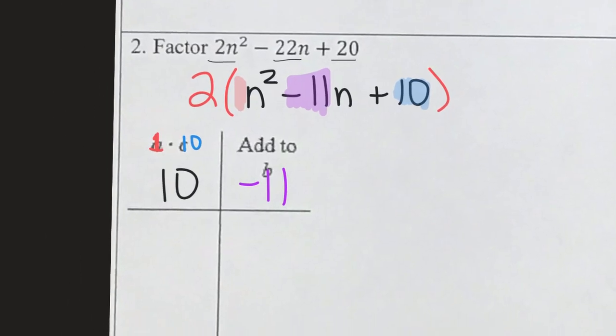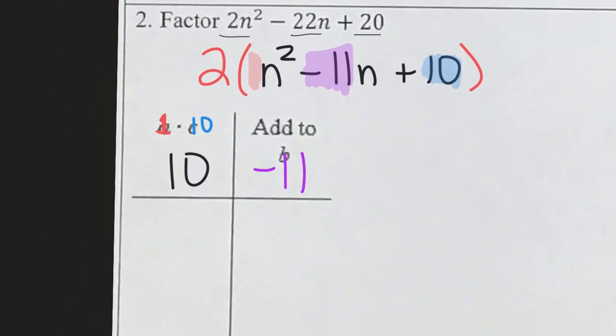Okay, so from yesterday's notes, we have a positive product and a negative sum. Okay, so if we have a positive product but a negative sum, that means both of our factors have to be negative. Right, so this becomes a negative 1 times negative 10, or a negative 2 times negative 5.